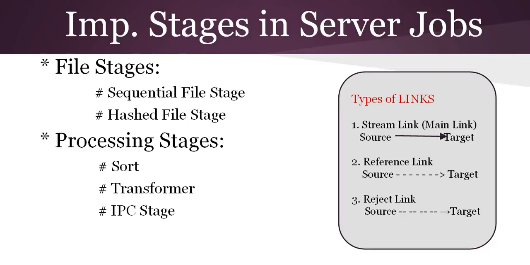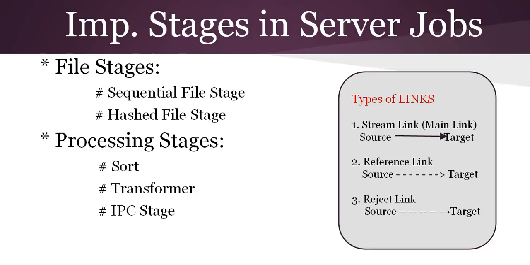The parallel job sequential file stage has many other functionalities and options. And the hashed file stage is only specific to the server job, not the parallel job. We don't see the hashed file stage in parallel jobs. And for the processing stages, we'll be dealing with the transformer and IPC stage.